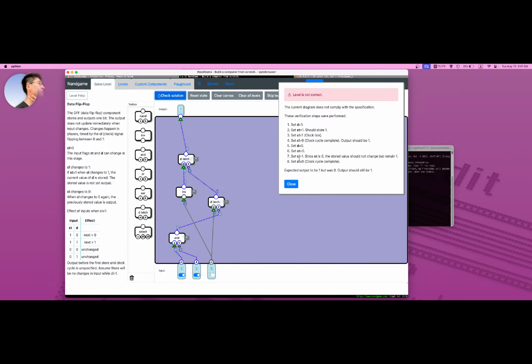Check solution. Set D to 0. Set standard to 0. Set clock to 1. Since ST is 0, the stored value should not change but remain 1. Yes. Set clock to 0.